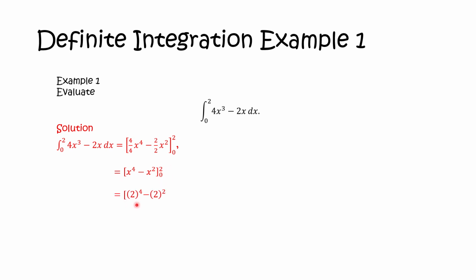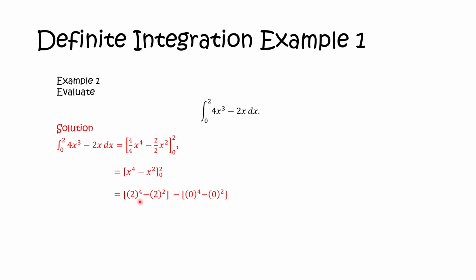Now we are going to evaluate or substitute for the limits, starting with the greater one, so the 2. Where we have x, we are just substituting by the 2 in the first square parenthesis, and we subtract what we have as the lower limit in the function that we have.